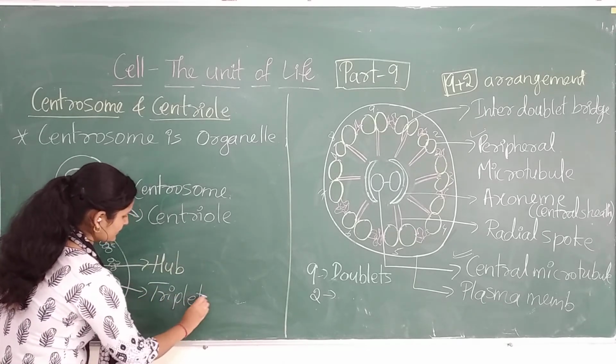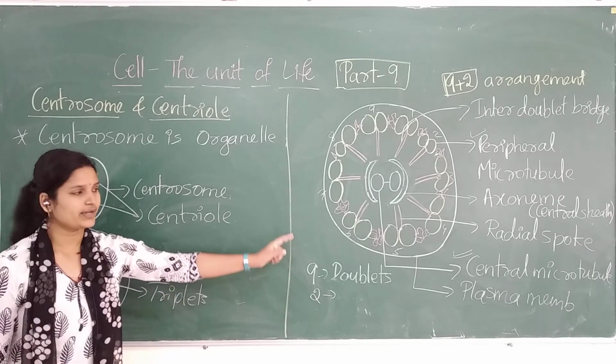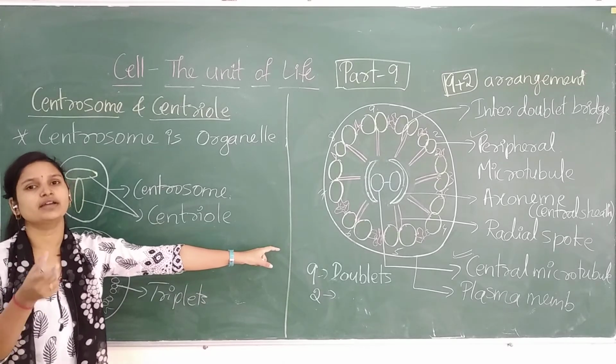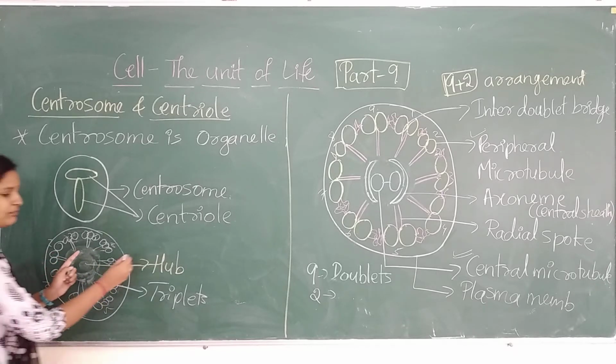This is the only difference between this and that structure. Cilia and flagella have doublets, and here there is a triplet structure, and the spoke will be there. The proteinaceous spoke will be there, and nine triplets will be there.